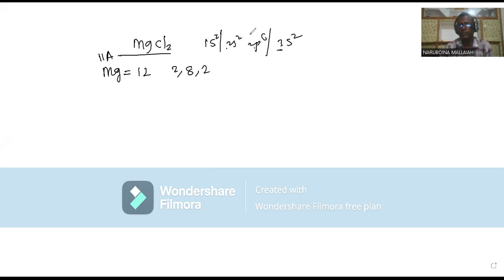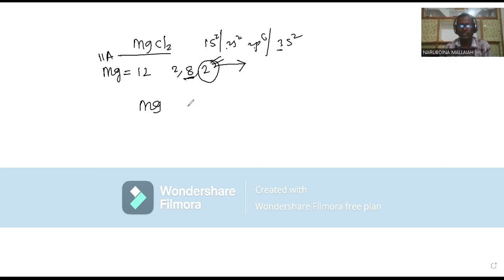So 2, 2 plus 6, 8, then 2. Magnesium, in its outermost orbit, has two valence electrons. If it loses these two electrons, in the next orbit we have 8 electrons in the outermost orbit. So for that, magnesium loses 2 electrons to get the octet configuration.